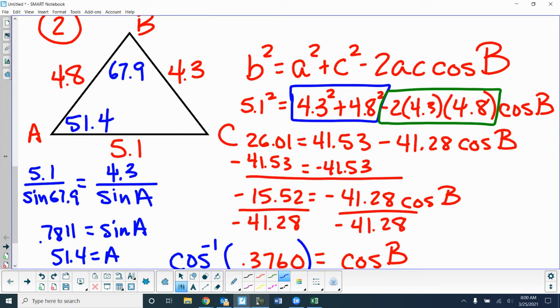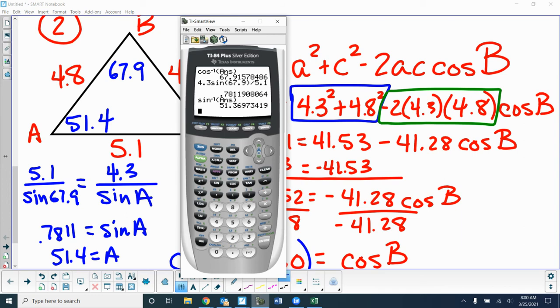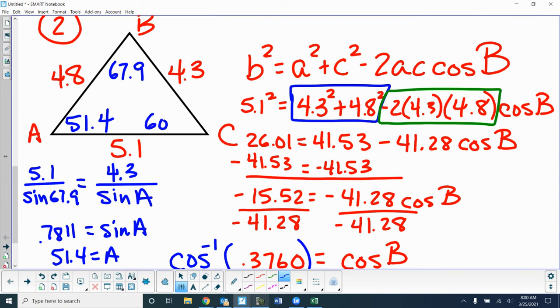All right, I'm going to add 67.9 to that and subtract it from 180 to get my third angle: 60.7. So there's your three angle measures for number 2.